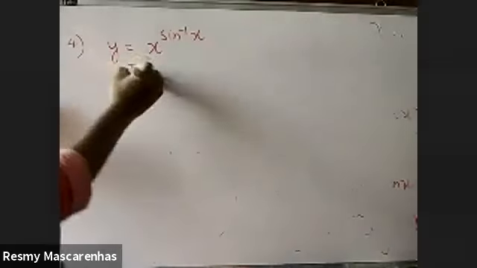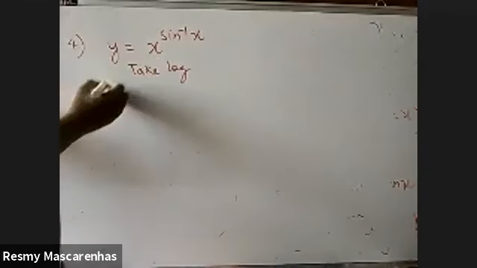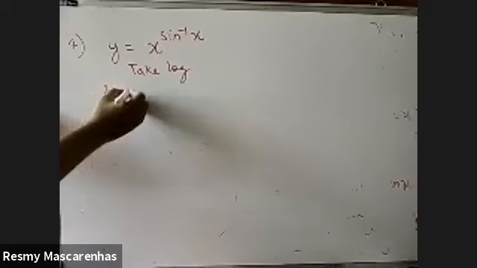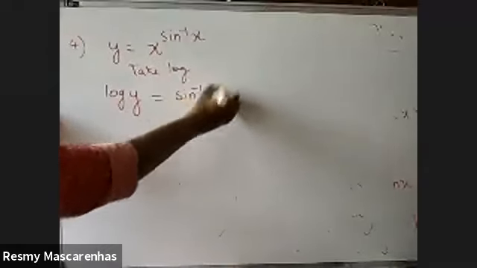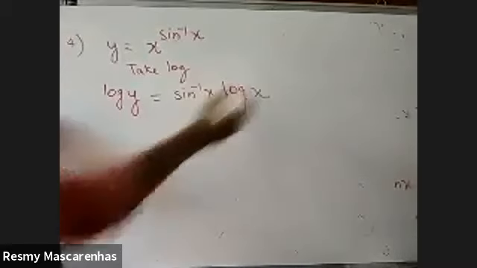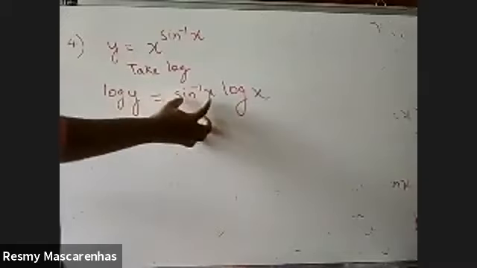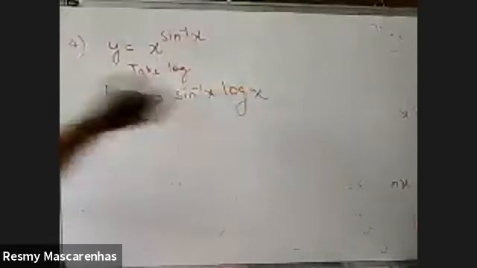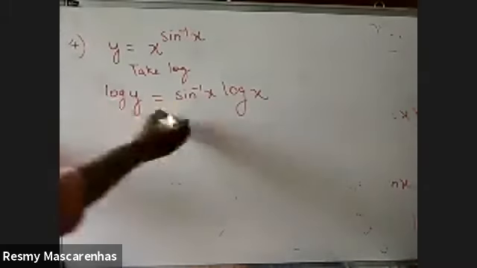So taking log, so this will be log of y. I'll skip the step. It will be like this. First step, directly you can write like this also. Sine inverse will be here. Then I brought it out. And then differentiate.